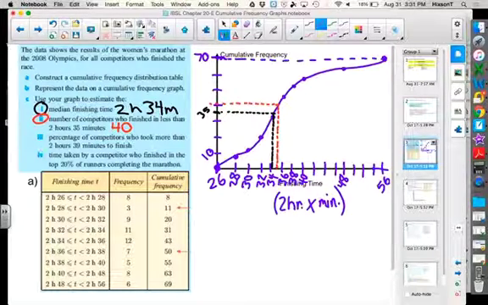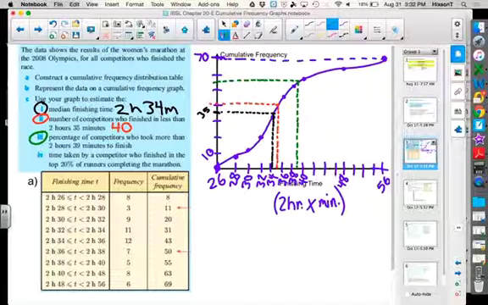Now, we can also figure out what percentage of the competitors took more than 2 hours and 39 minutes to finish. Okay? So we'd come over here, 2 hours, 39 minutes. We'd go straight up from there. Then we'd come straight across. Okay?